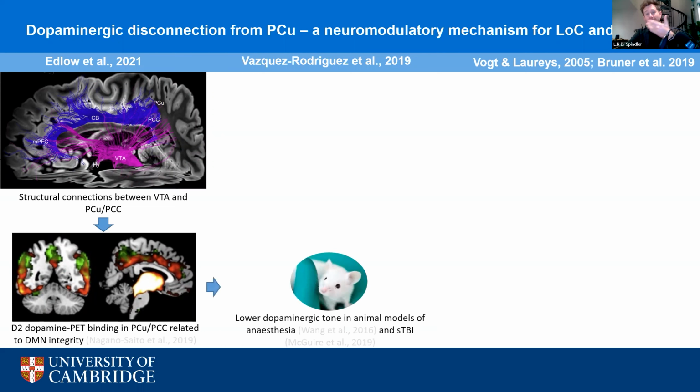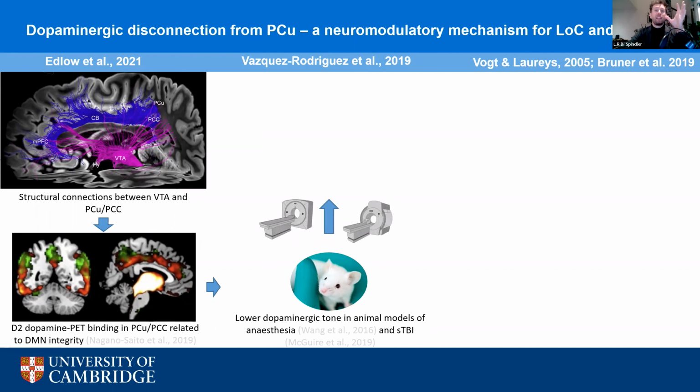And when you combine that with the fact that we know that dopaminergic tone, so overall dopamine provision throughout the brain, is globally lowered in both anesthesia and TBI models in the preclinic, that means that we may have a strong neuromodulatory consequence there.